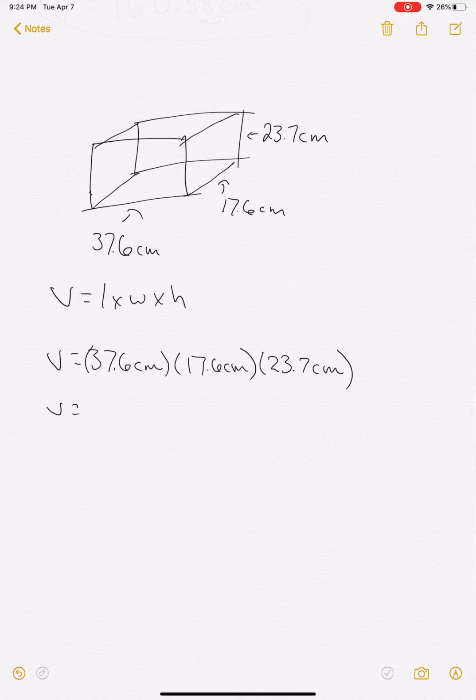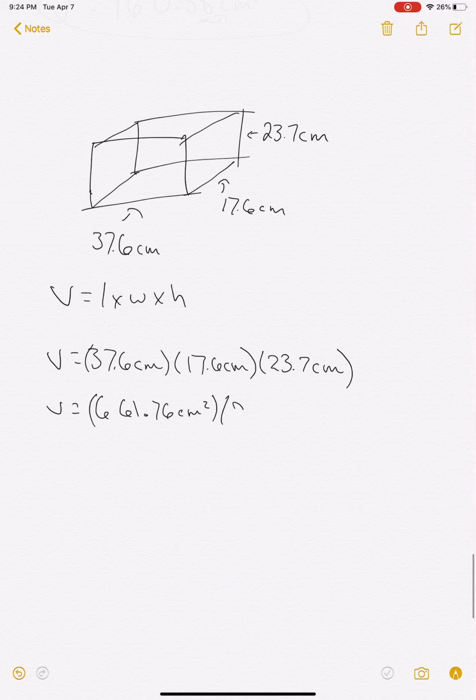So our 37.6 times 17.6 would give us 661.76 centimeters squared, and then we're going to multiply that by our 23.7 centimeters. That will give us a grand total volume of 15,683.712 centimeters cubed.